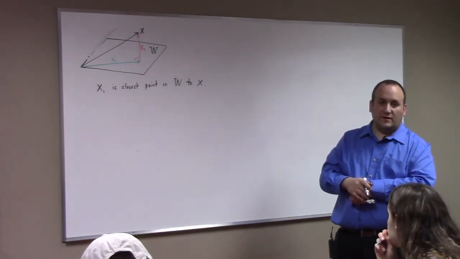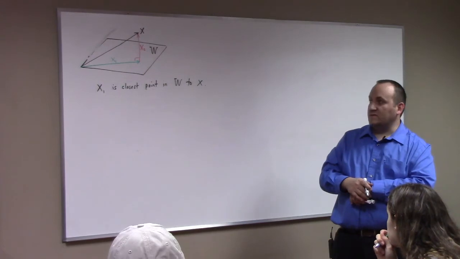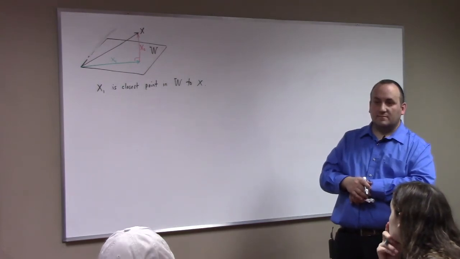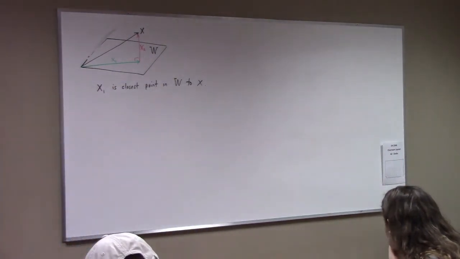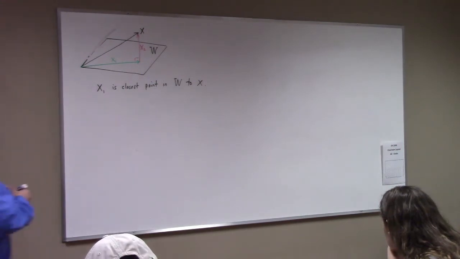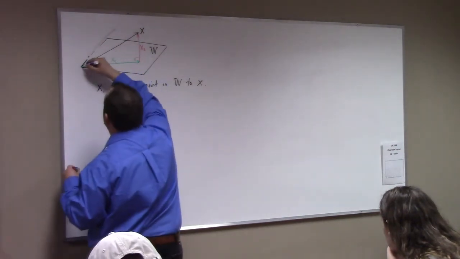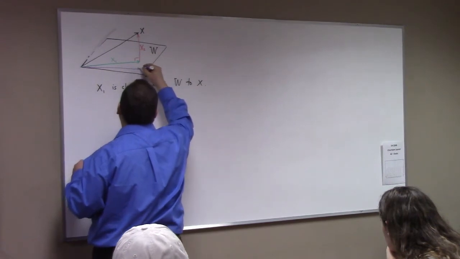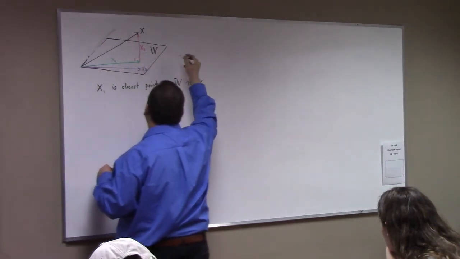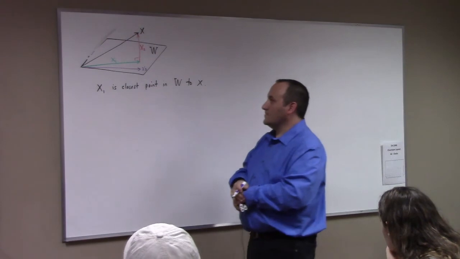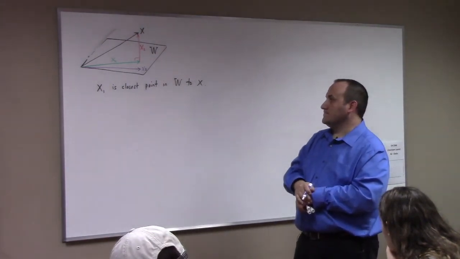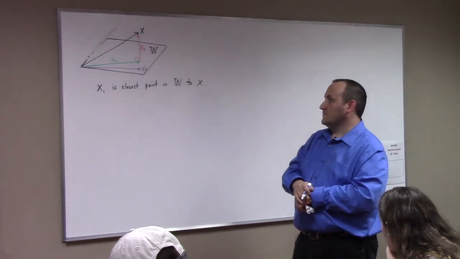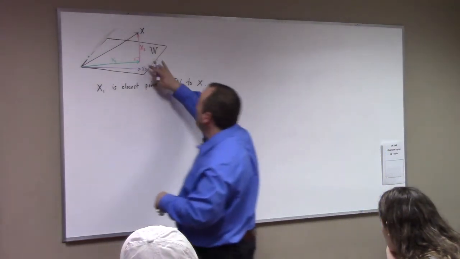If you pick any other point in W, besides x1, what does that do? Like, if I pick another point, like over here, say x3... oh, I'm sorry.